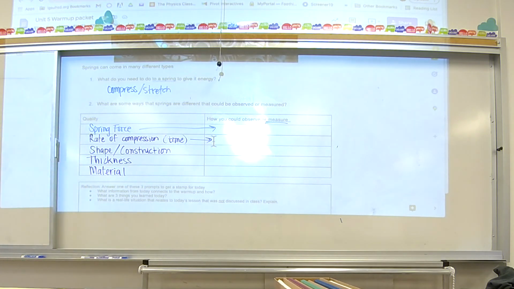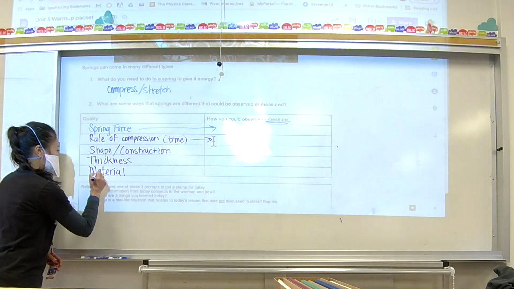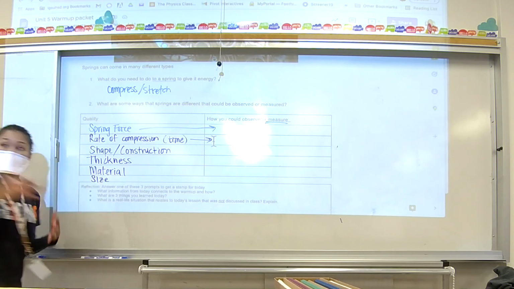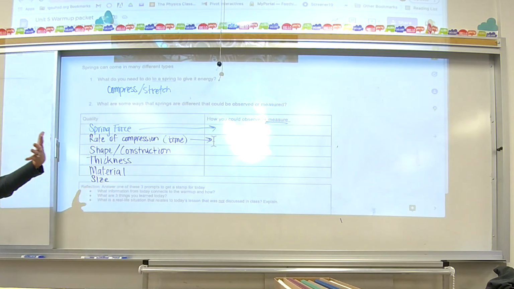Anything else? Alex? Just like size. Size. That's the same thing as thickness. So you can have really, really big ones. Someone was saying you can have the big ones you have in your car versus the little ones you have in your watch, right? So the size is important.